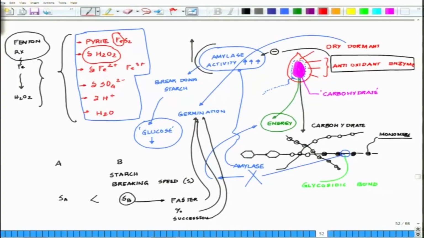So, in other words, the aqueous chemistry of FeS2 is similar to, or very close to, the Fenton reagent or Fenton chemistry.